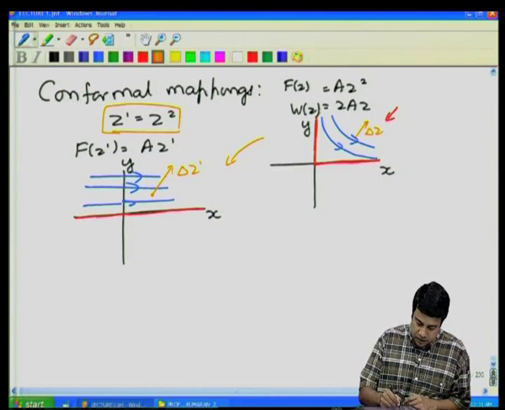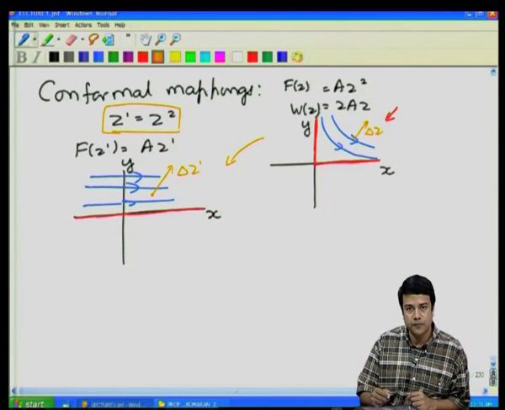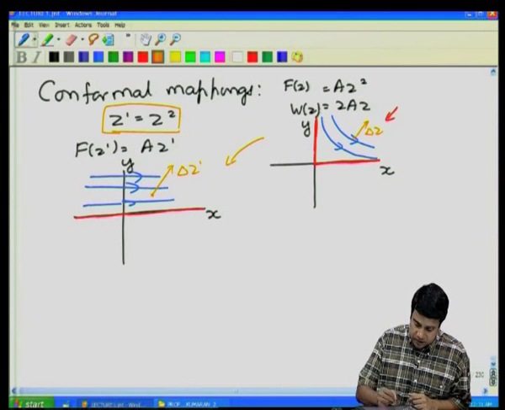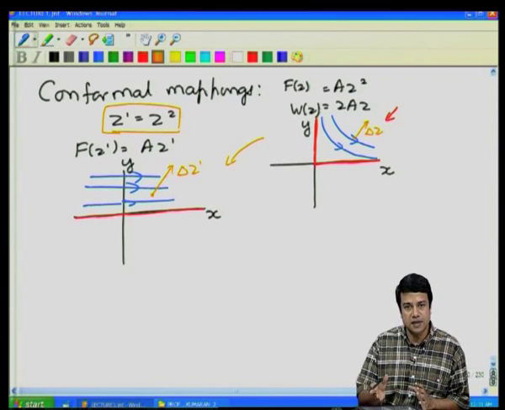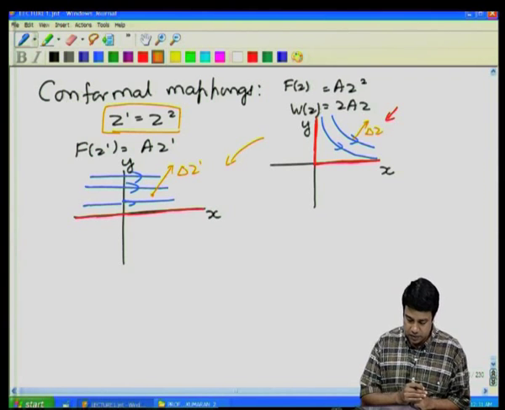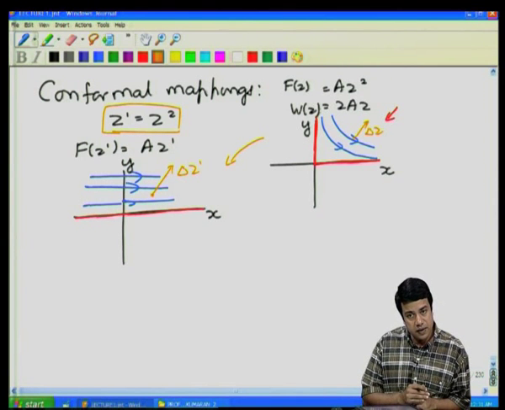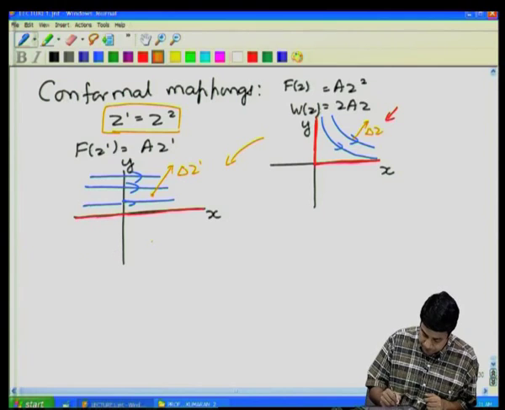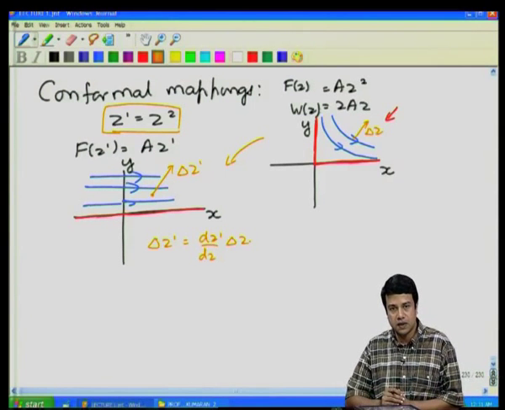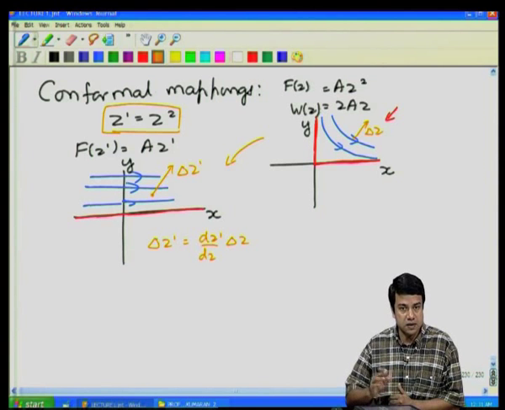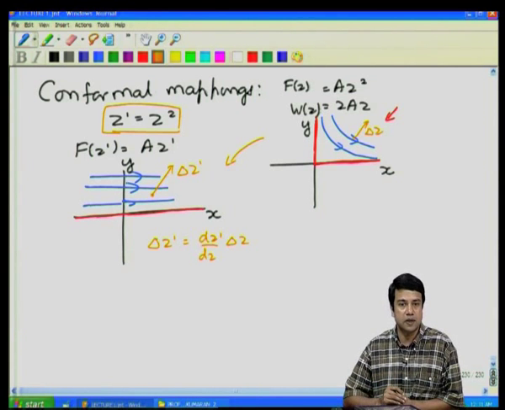So, I take the initial location of this line and transform it, and take the final location and transform it here, and that basically gives me the line segment in these two locations. And just by differentiation, you know that delta z prime is equal to dz prime by dz times delta z. So, when you do the transformation, the line lengths transform as the derivative of z prime with respect to z.